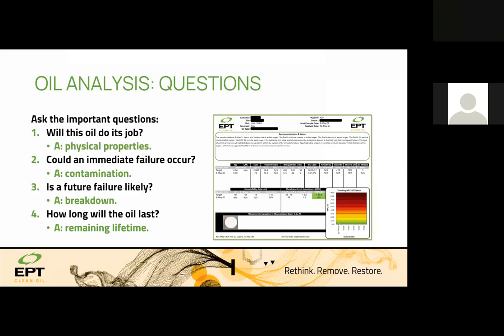The lubricant can bring data from the component it's lubricating. So looking at the contamination, it gives data on whether the failure is close and how close it is. And then we need to look at the remaining useful life of the lubricant, how long we can still use it.